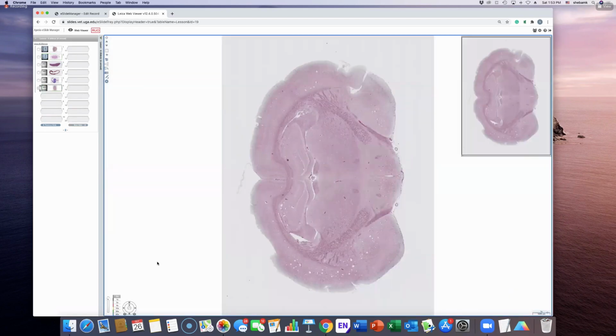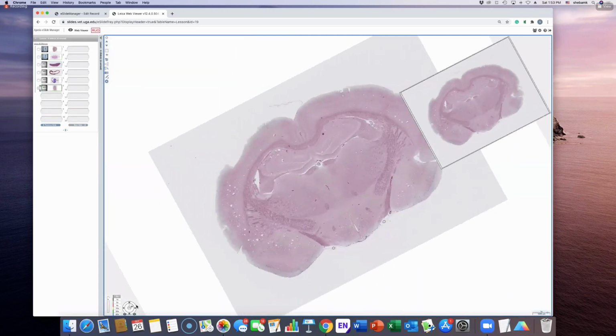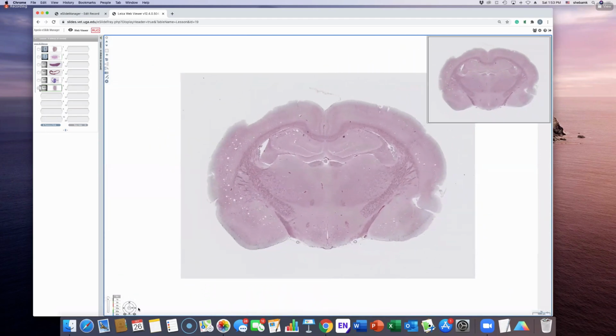This is an earlier part of the brain, maybe in the midbrain region. So here is the cerebellar cortex. These are the fibers that connect the two cerebral hemispheres.